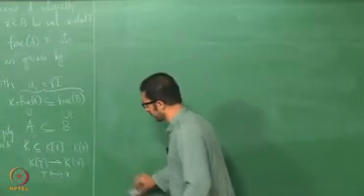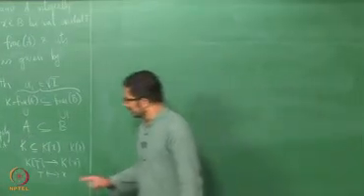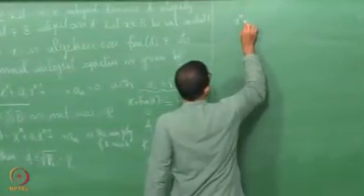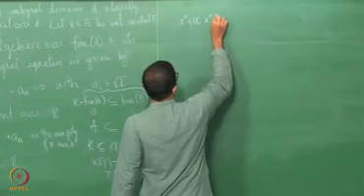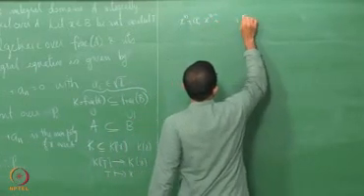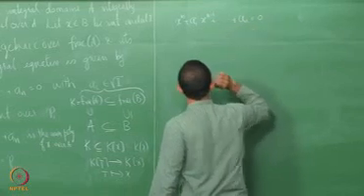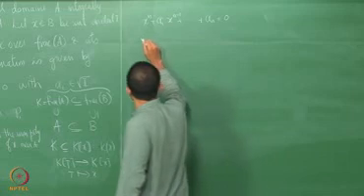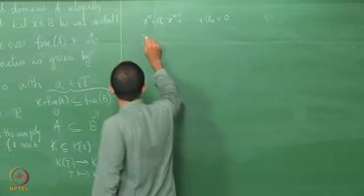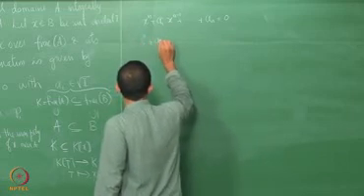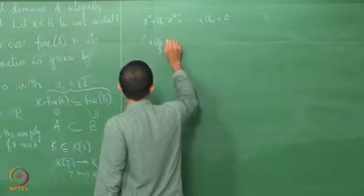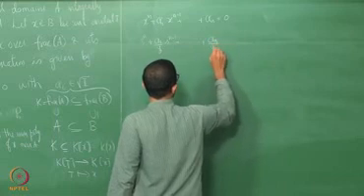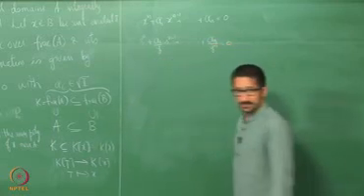Now as we saw, x power n plus a1 x power n minus 1 plus etc. plus an is 0. Multiplying this by y power n, what we get is s power n plus a1 by y s power n minus 1 plus etc. plus an by y power n. This is 0.